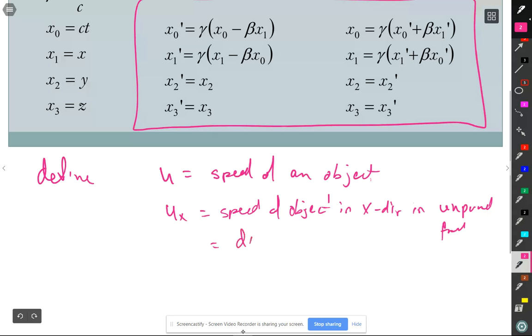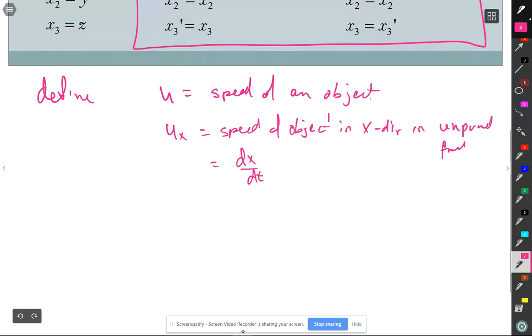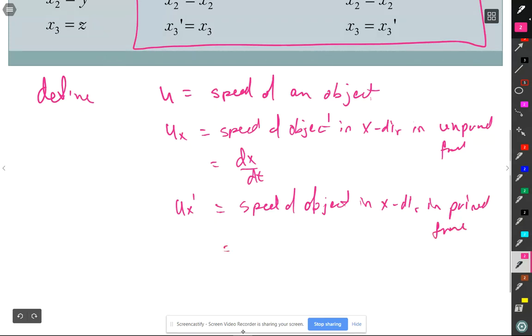Thus, dx dt for that object. And ux prime would be the speed of object in x direction in primed frame. So that would be dx prime dt prime. Notice the primes are on both of those. And so what we're trying to do is to find a relationship between these two.